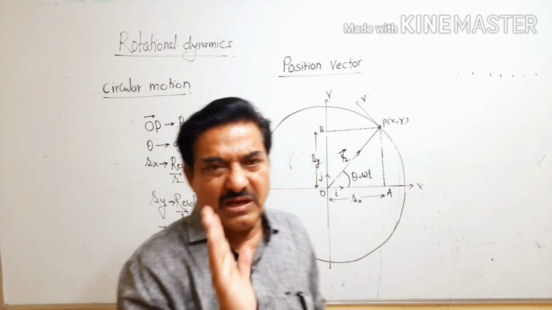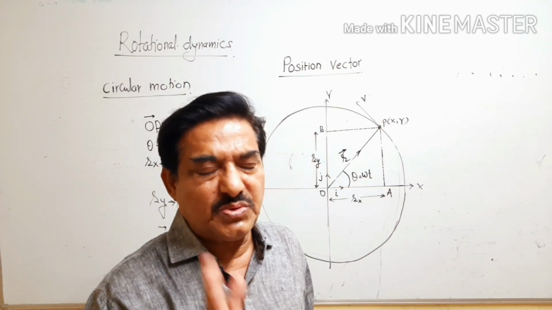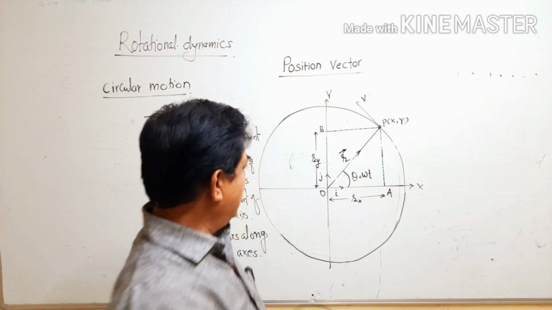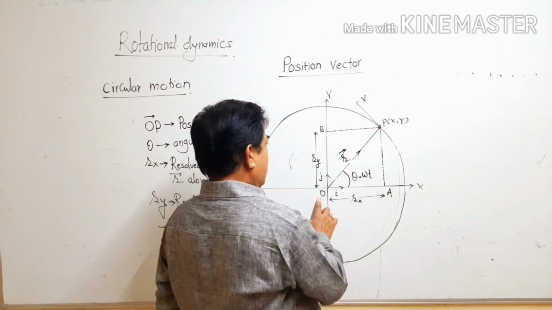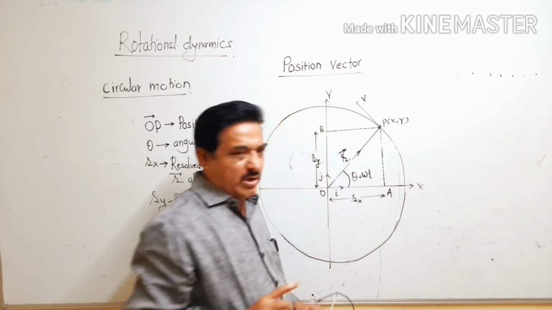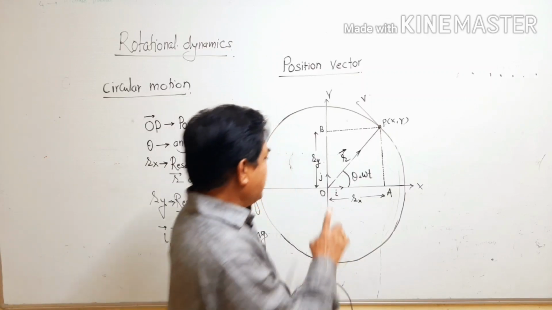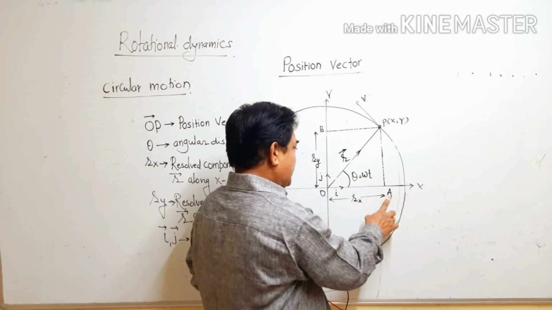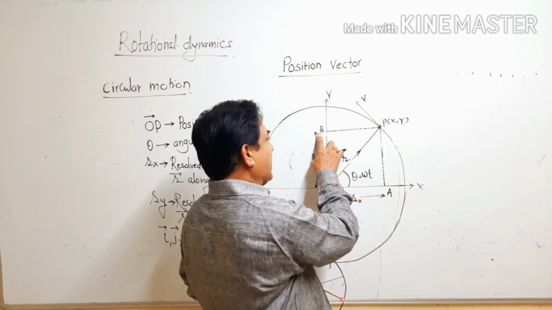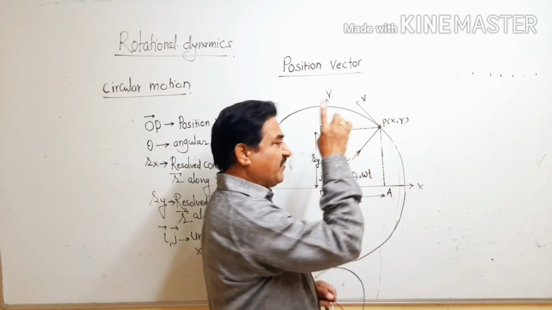In this way, a single vector is split into two vectors, OA and OB. According to the triangle law for vector addition, the addition of vector OA and vector OB will give the position vector R.